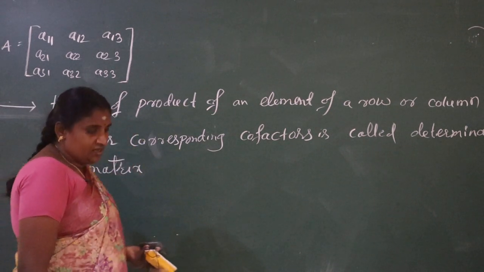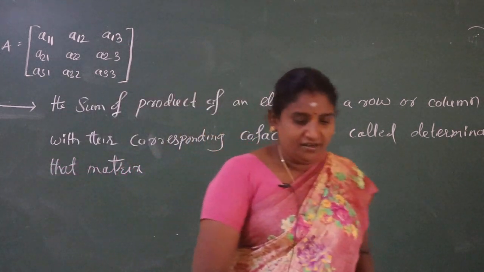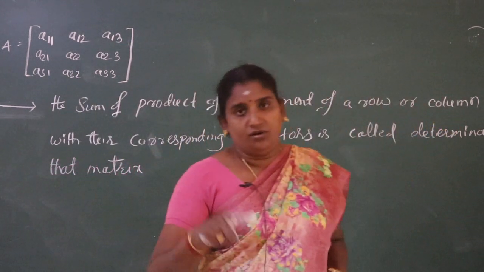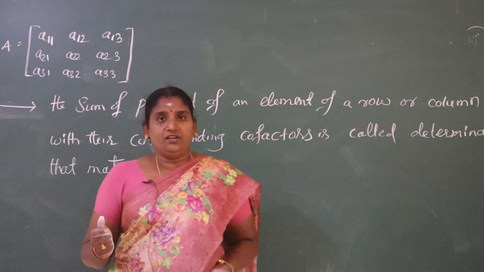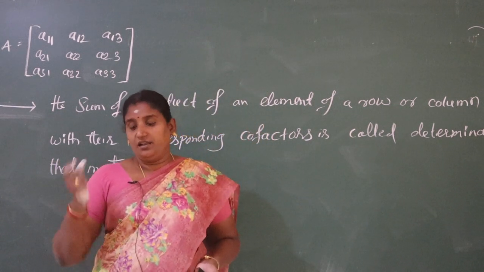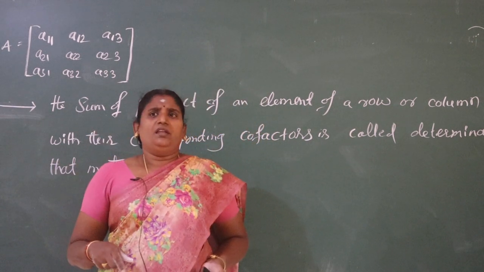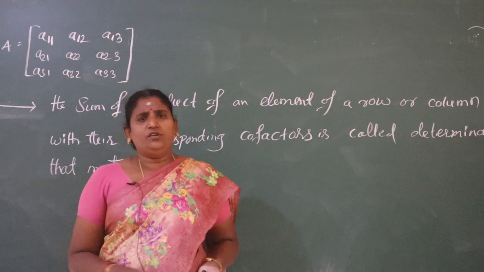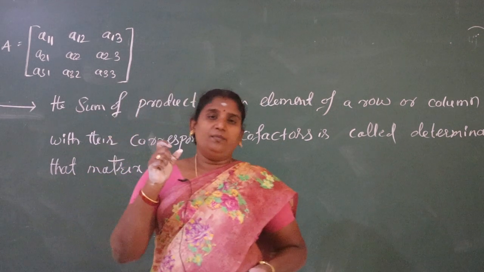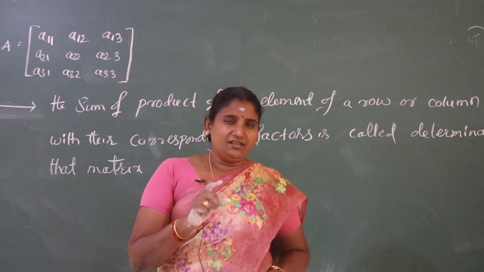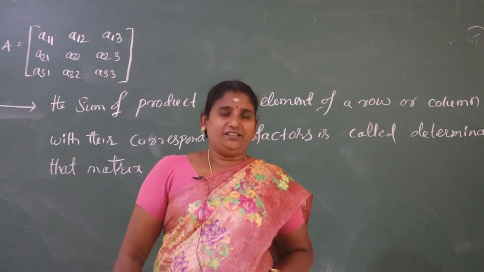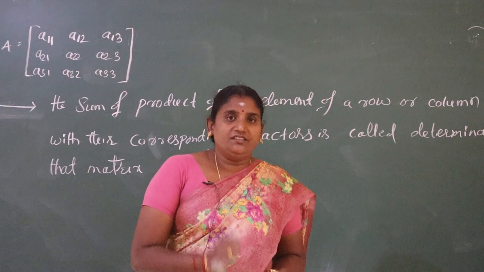Listen. So how do we define the determinant here? Sum of the products of the elements of a row or column. Either a row you can take or a column you can take. But those elements we have to multiply with their corresponding cofactors. Then that addition is the determinant.